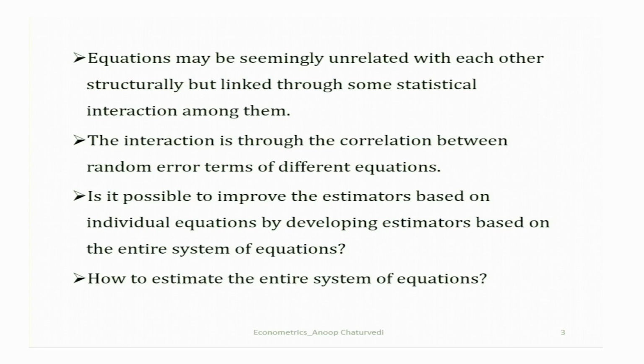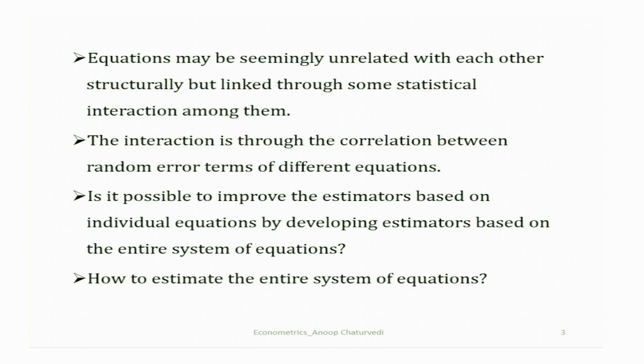Say for example, as I mentioned earlier, suppose you have omitted some of the relevant variables from each of these equations. Then it is going to affect the correlation between different disturbances.